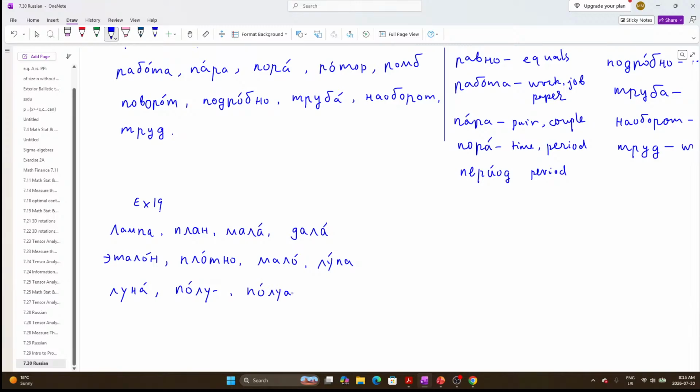The two stresses, actually. Interesting. And the last one is полтора. Last syllable stress. Полтора. Okay. Anyway, so let's give the meanings.